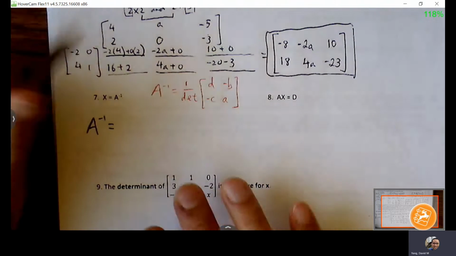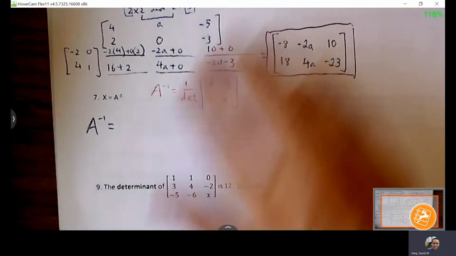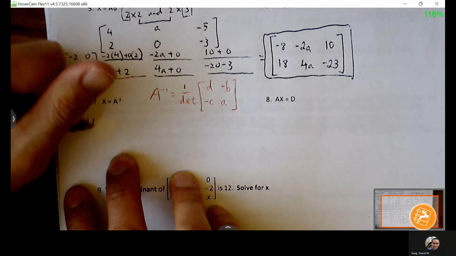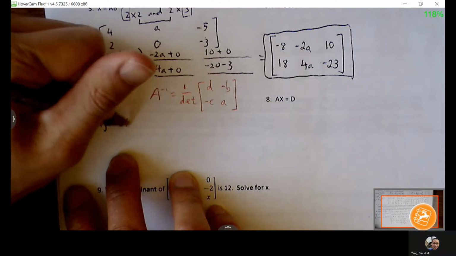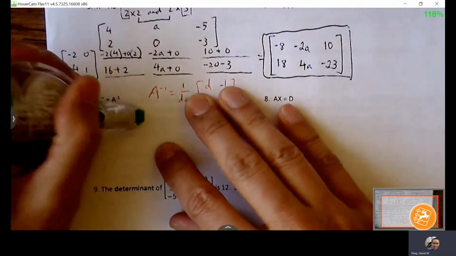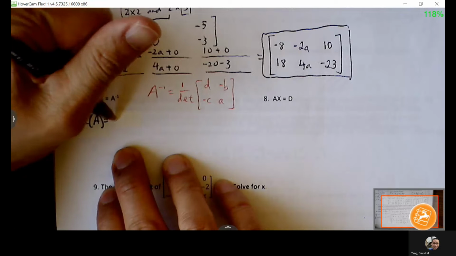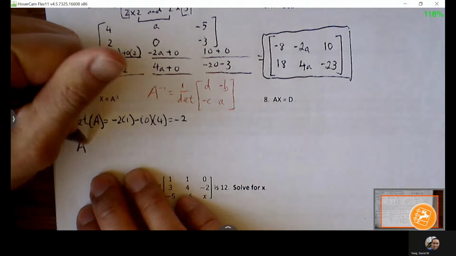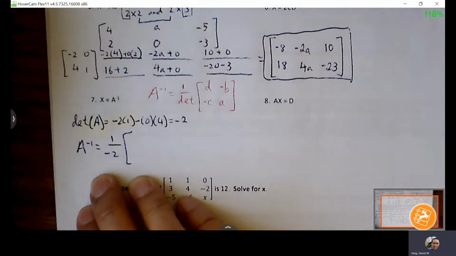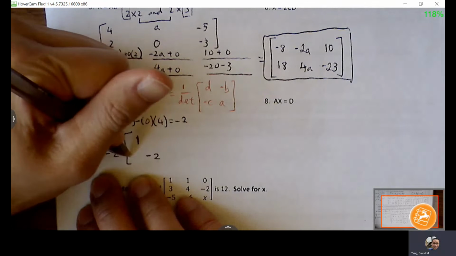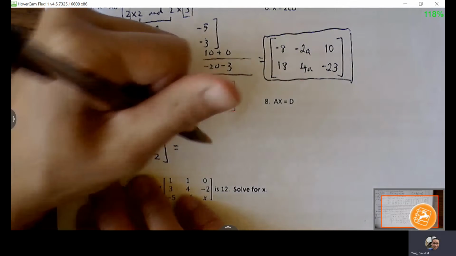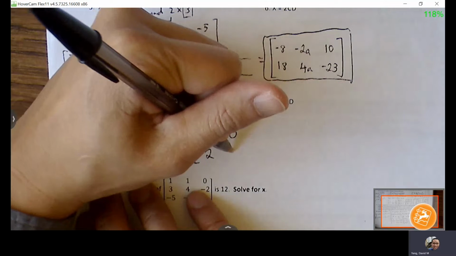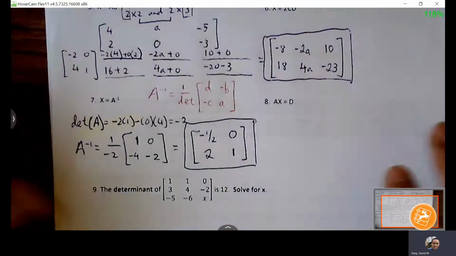Okay, so AD minus BC, inverse of matrix A, well, determinant of A. Okay, any question with 7?